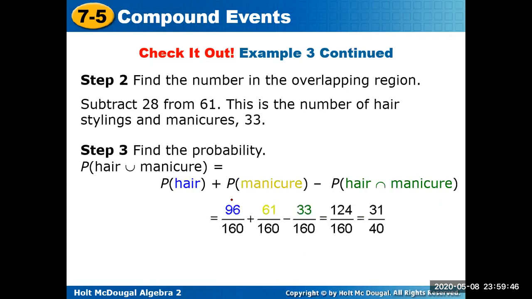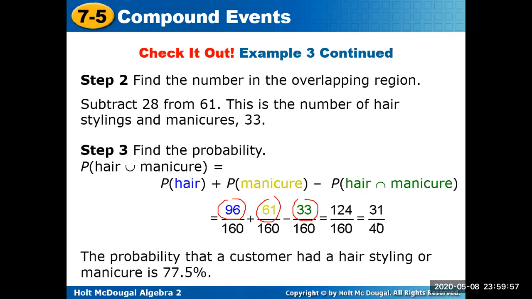Hairstyling total were 96, manicure total were 61, minus the common, that is the 33. So you get again 31 over 40, which is 0.775. That means 77.5% of the customers had manicure or hairstyling.